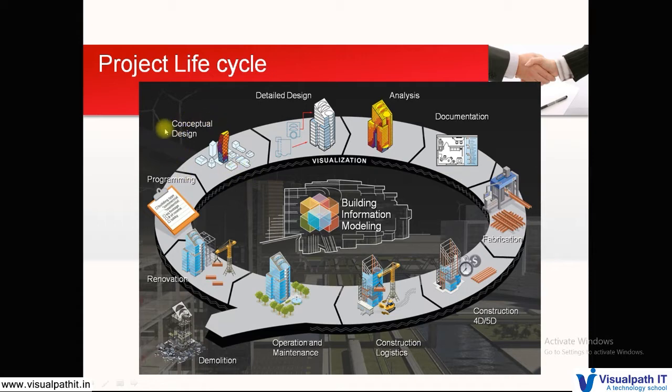Once the concept is designed, the drawings are generated, the documentation part is generated in 2D, as you saw just a few minutes before. Once that is done, it goes for modeling, and then it goes for analysis. For analysis, they require the structural part. So structural analysis is done, and after that it goes again for documentation or visualization.